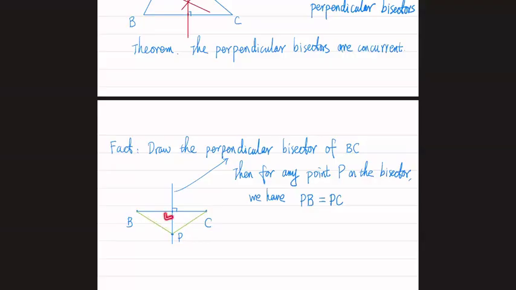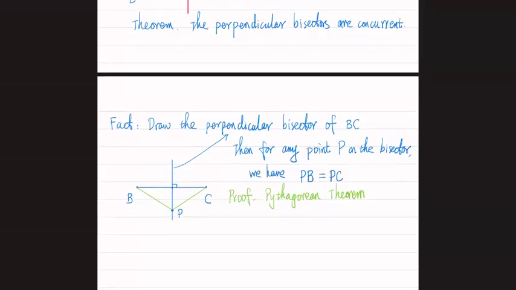We have a right triangle, so PB squared is the summation of the two squares. PC squared is the summation of the two squares. With a common segment and the midpoint, the squares are the same. So for the proof, I will just write down the Pythagorean theorem and you can fill in the details.